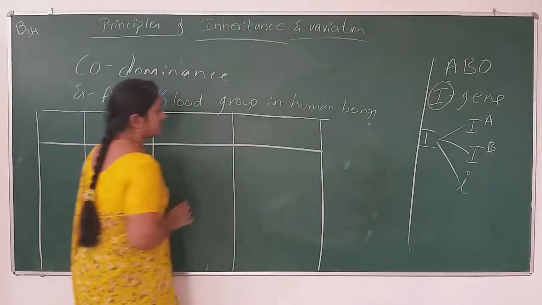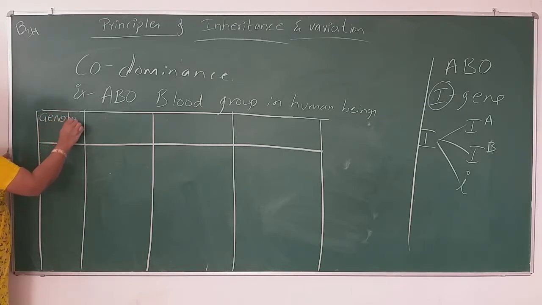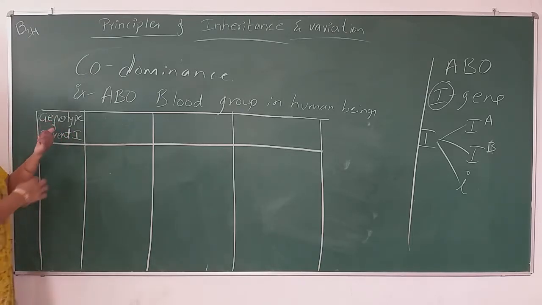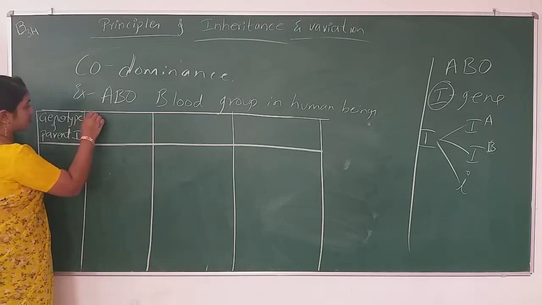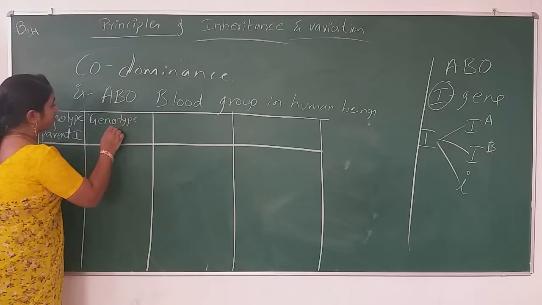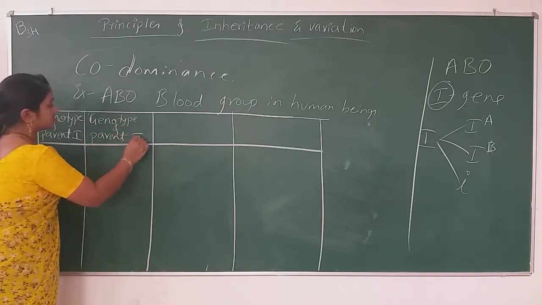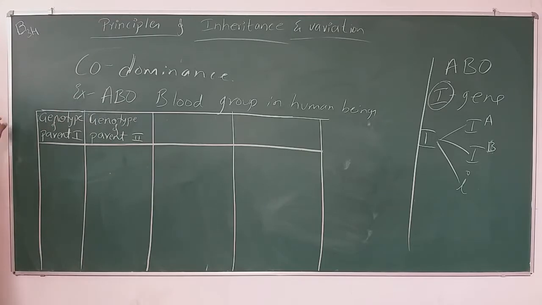The first column is the genotype of parent 1. Consider this as a man. And here, genotype of parent 2. Consider this as a woman's blood group.